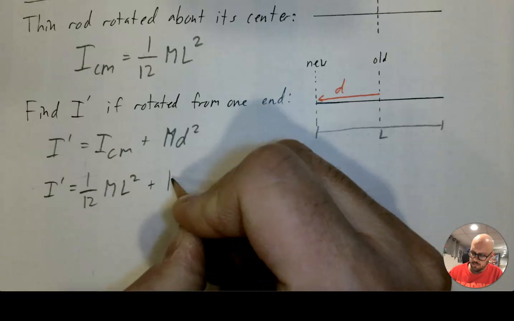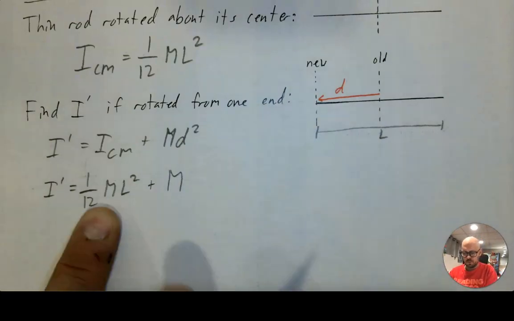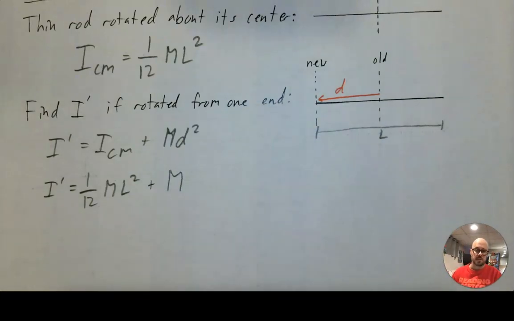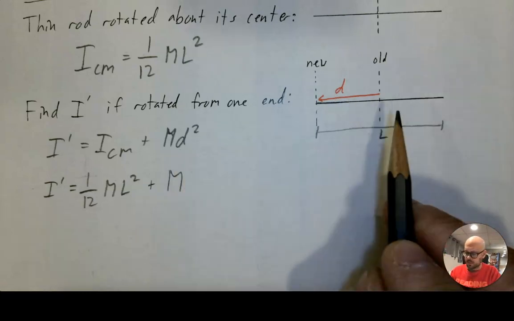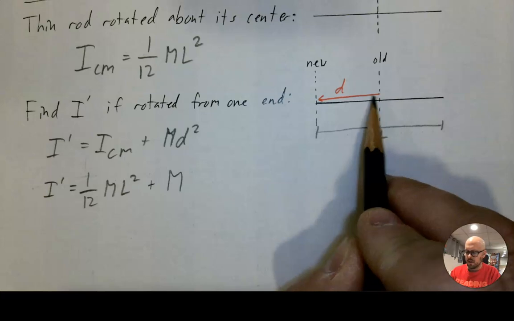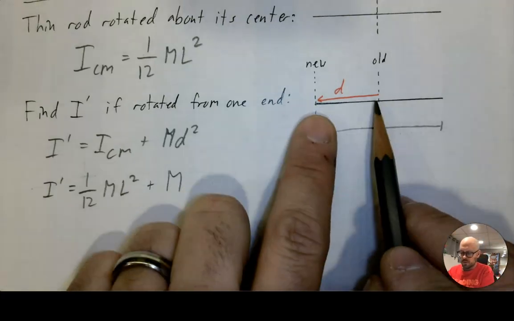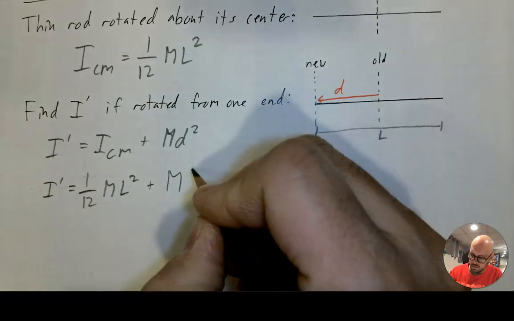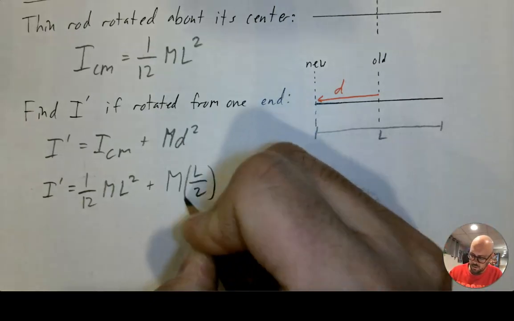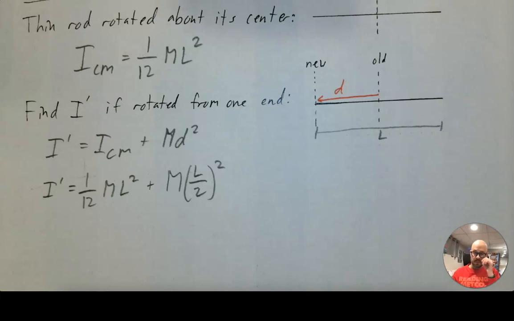So you add the mass of the object, which is m. It's always a repeat. That actually gives you like terms. And then the distance that the axis was moved, well, it was in the center, and now it's at the edge. You've essentially moved it half the length of the rod, and so it's going to be L over 2 squared.